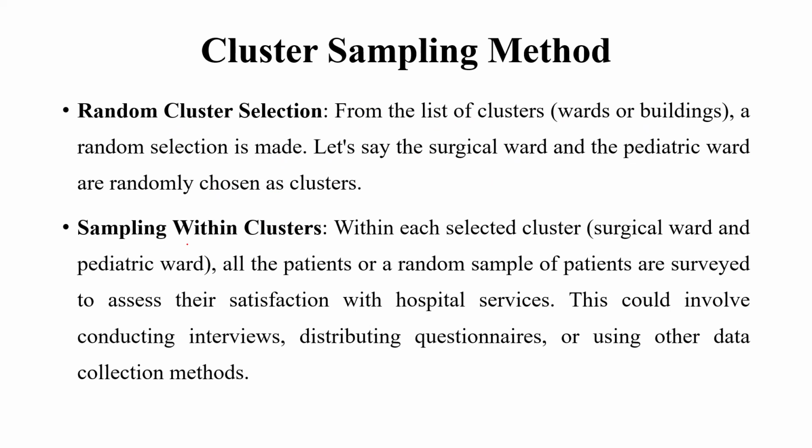After that, sampling within the clusters. Within each selected cluster, surgical ward and pediatric ward, all the patients or a random sample of patients are surveyed to assess their satisfaction with hospital services. This could involve conducting interviews, distributing questionnaires, or using other data collection methods.